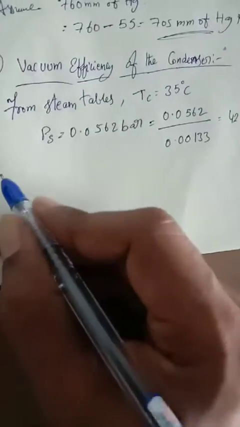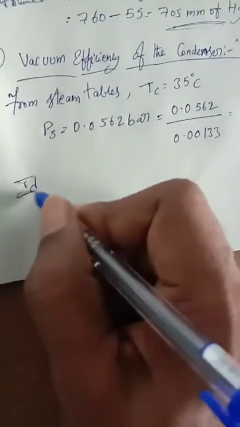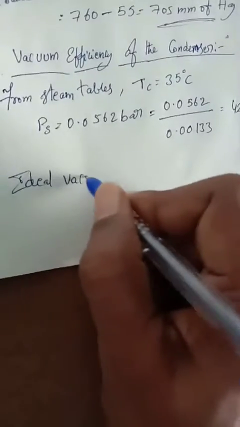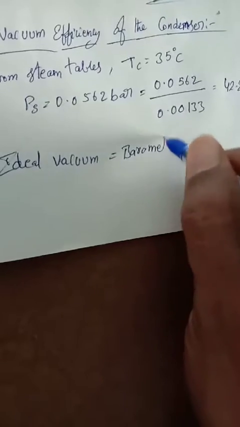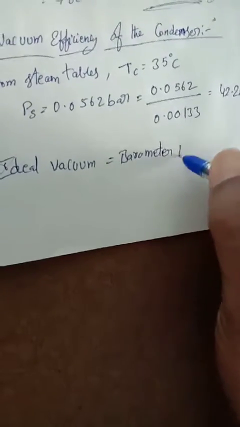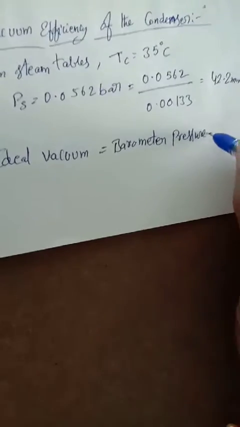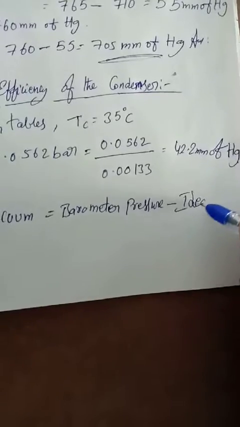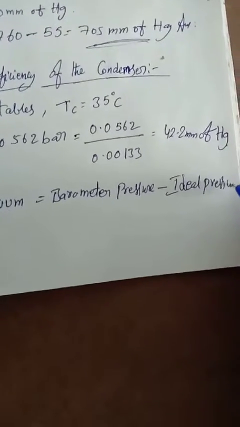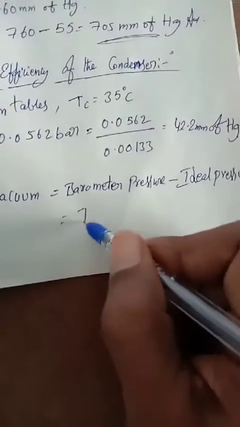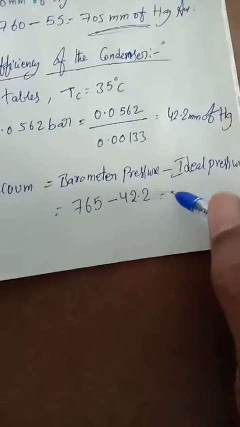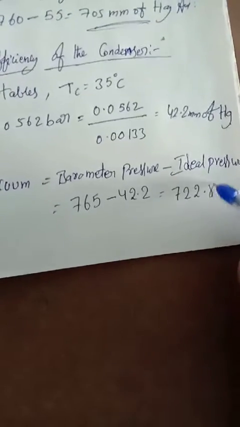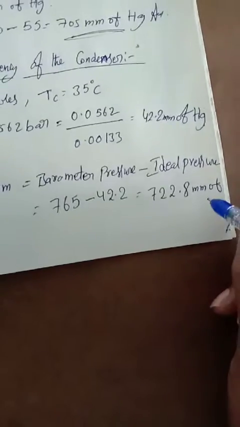Okay, so we know that ideal vacuum is equal to barometer pressure minus ideal pressure. So barometer pressure is 765, ideal pressure is 42.2, then it will come to 722.8 mm of Hg.